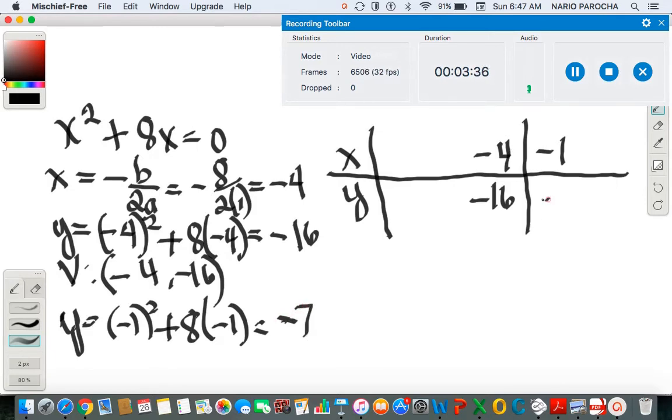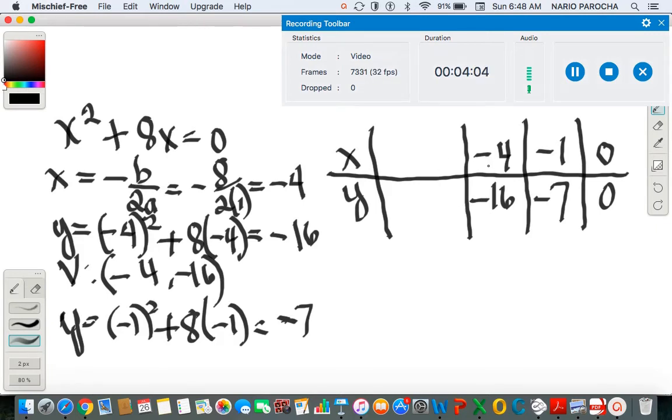Then when x is 0, y is obviously 0. Now I'm going to get the reflections of these points.